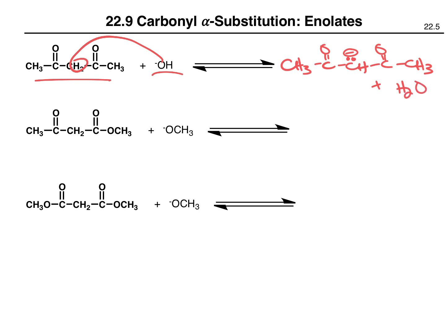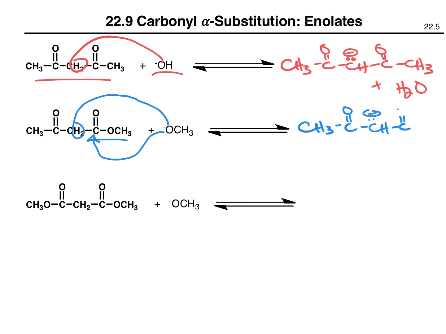In the second example, we have methoxide. Notice we have an ester, so if this was to do nucleophilic acyl substitution, we would end up with the same thing. So we don't worry about it. But it gets interesting when this acts as a base, grabs off this proton, giving us this enolate plus methanol.